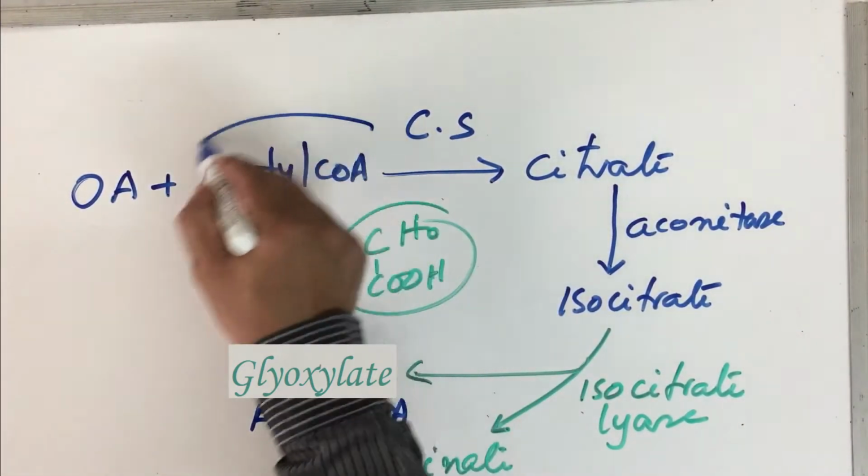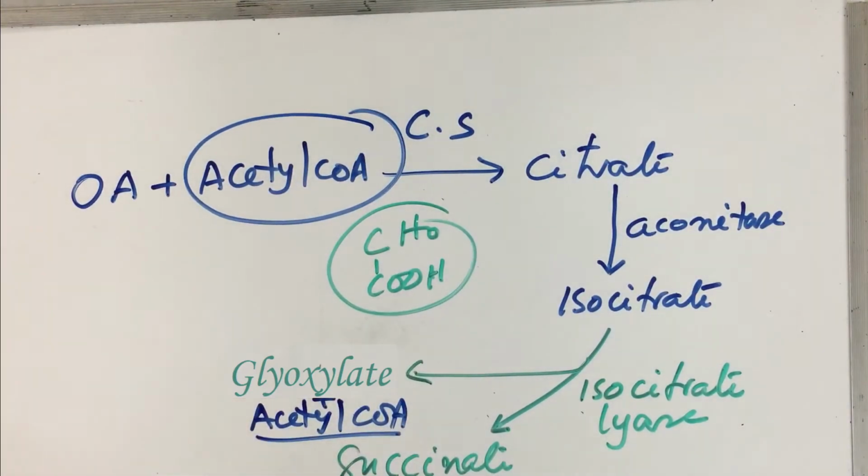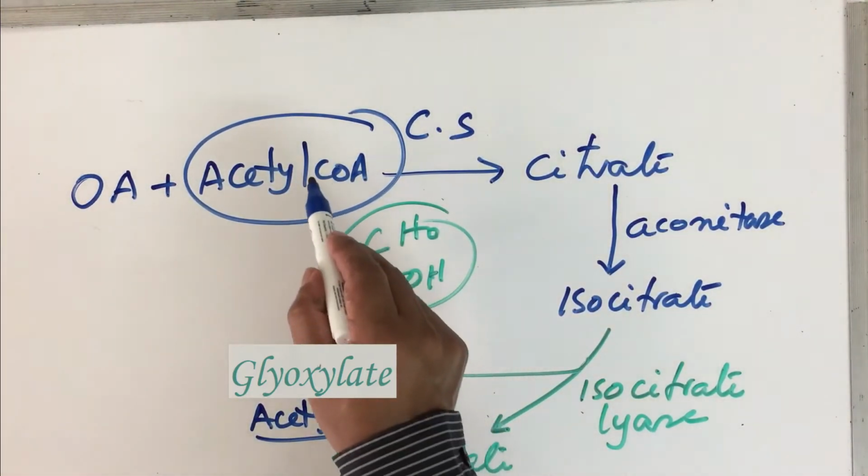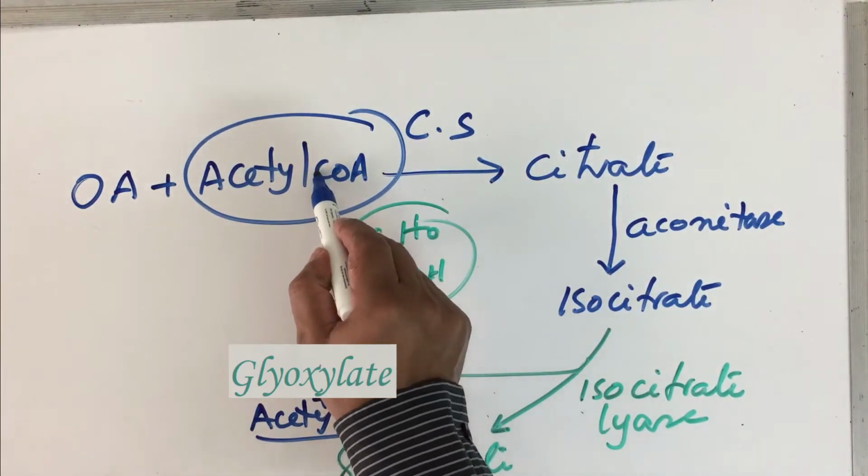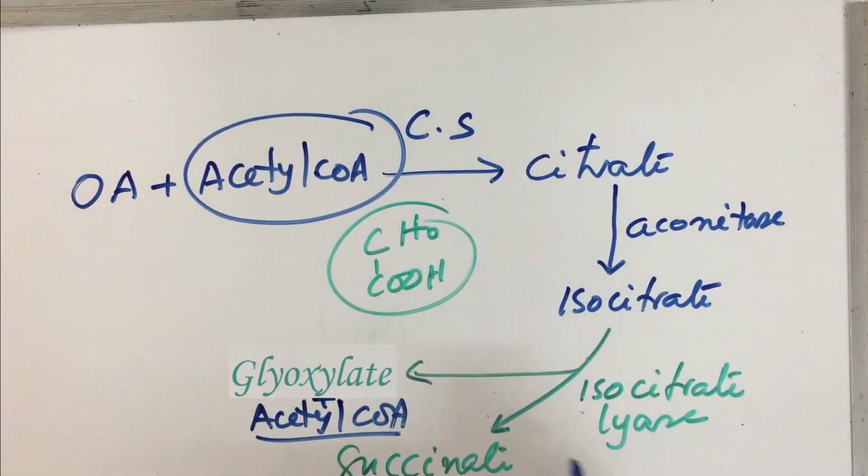One acetyl CoA is added here, and the second acetyl CoA we are adding here. In a normal TCA cycle, acetyl CoA enters with two carbon atoms, and those two carbon atoms would be removed in the next steps of the TCA cycle. Now in this case, we are not removing carbon as CO2. So we have added 4 carbons as acetyl CoA.